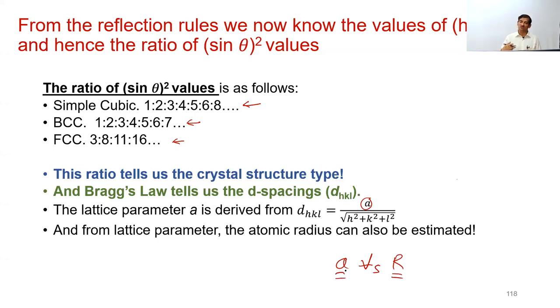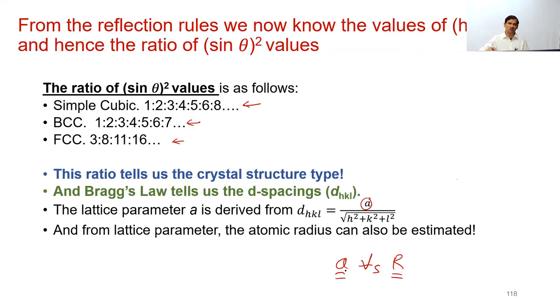So we can also estimate the atomic radius using X-ray diffraction. In fact, that is how it's mostly done, because we can't directly see an atom. So this is one way we can deduce the atomic spacing. This is really a very powerful tool for analyzing materials.